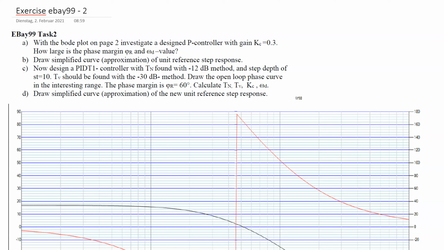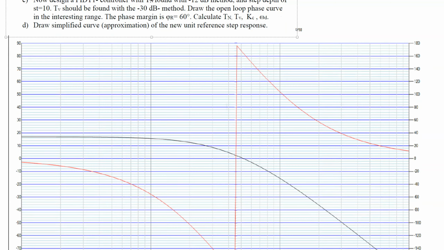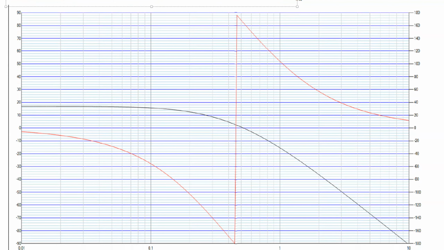Okay, you have to know that we have the dB value here. Let's have a quick look at the Bode plot. The Bode plot has 2 curves. In this situation, we have a magnitude scaling in dB values on the left, and on the right side, the phase scaling. You see here the 0 degree phase line.